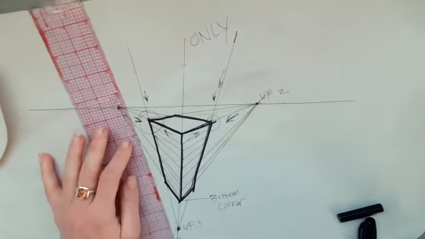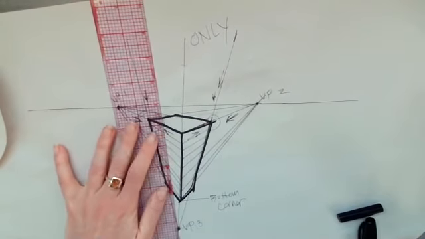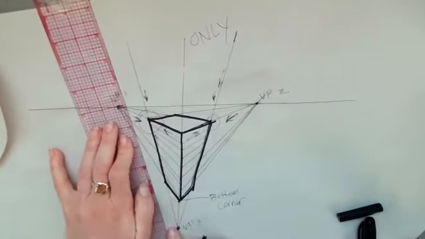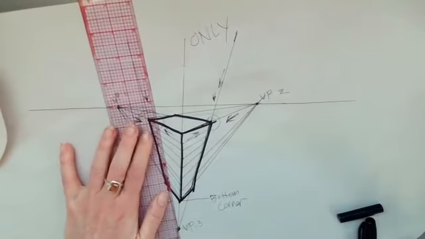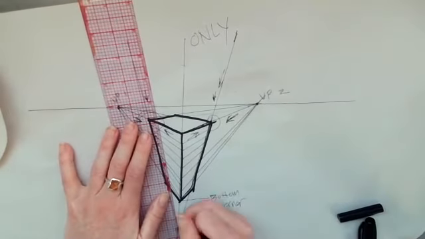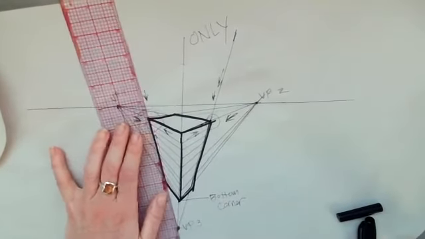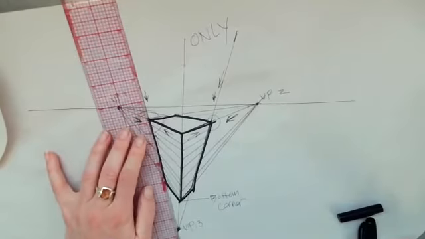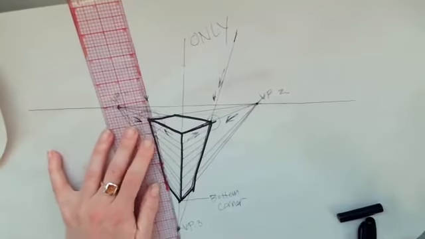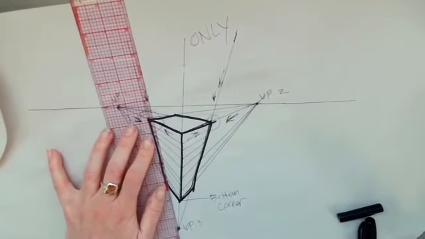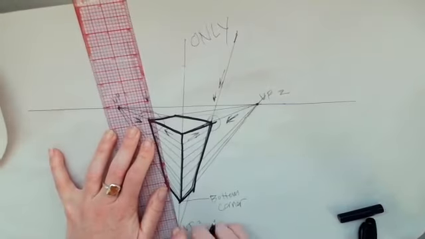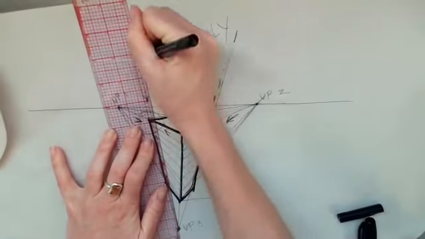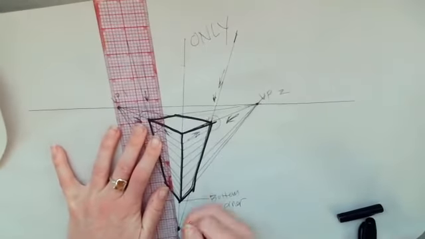Okay, and then to create your guides coming from vanishing point 3, you'll just go to vanishing point 3 and let your ruler be at a diagonal angle. So it's not directly on top of this guideline, it's just a little bit further out, but still connecting back. And just make marks.